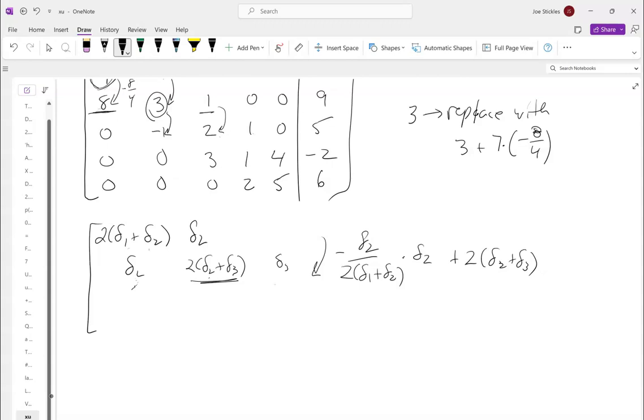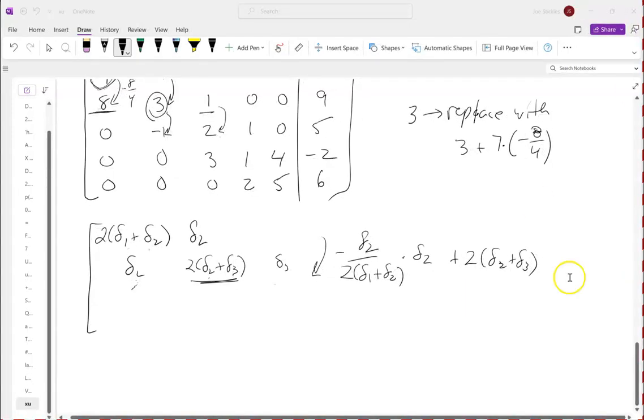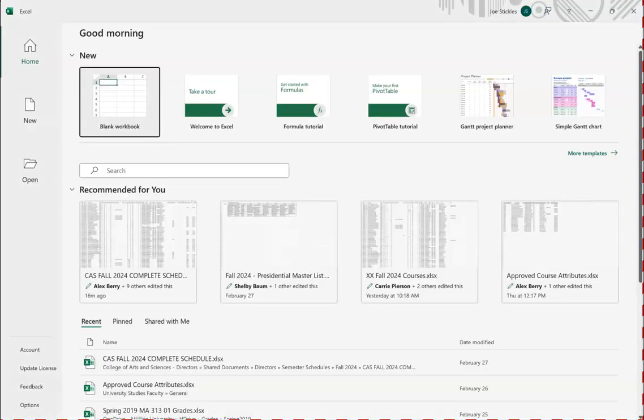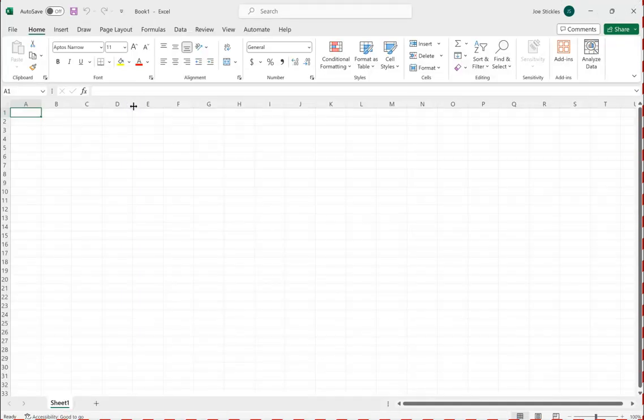All right. So let's see if we can figure out what this might look like in Excel, because I think we could do this in an Excel way. Hopefully. Let's start with a smaller system here so they're not going crazy with all this stuff.